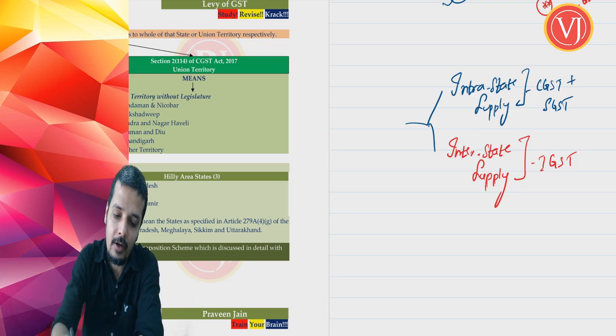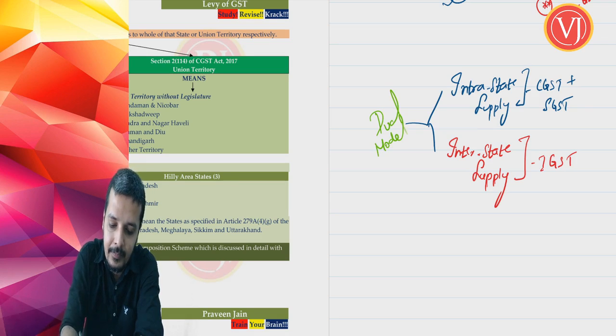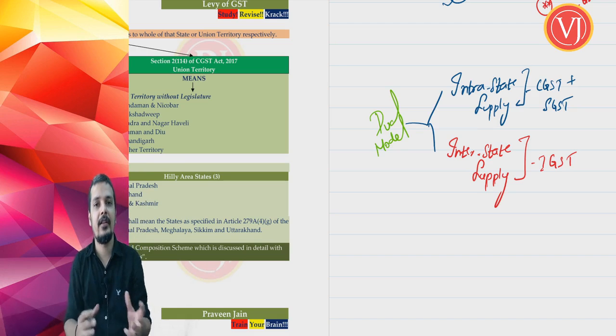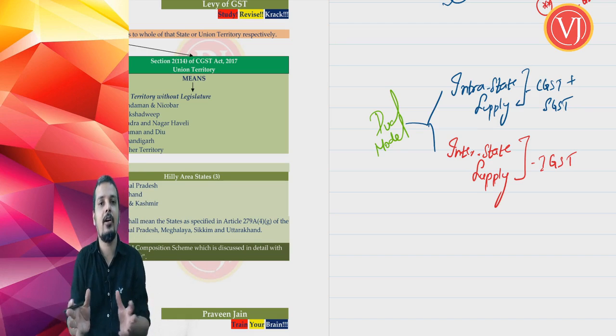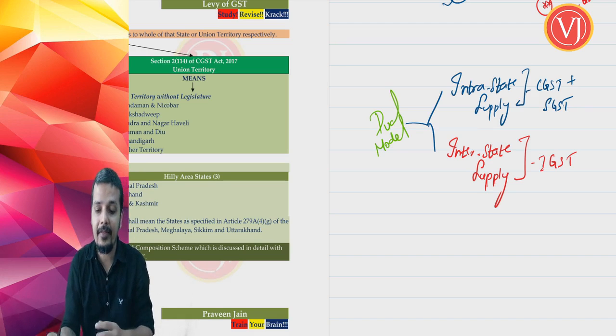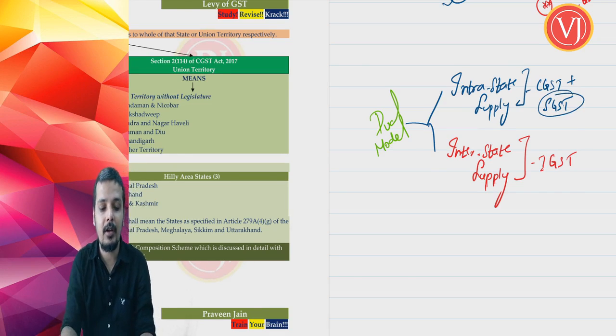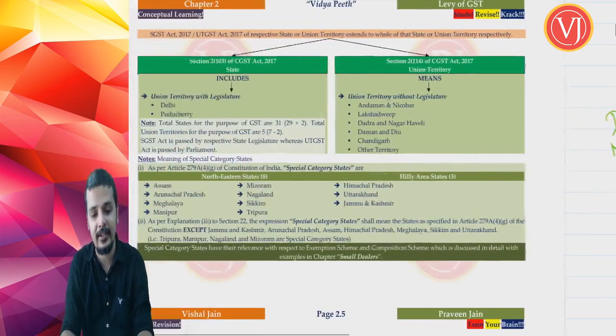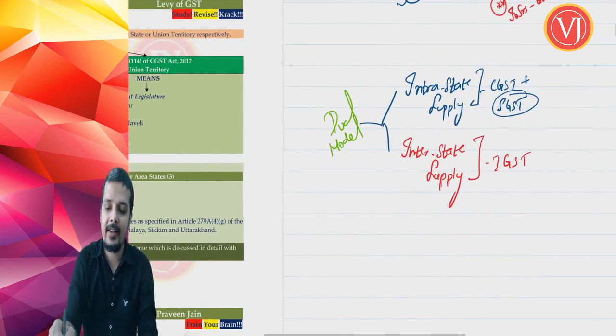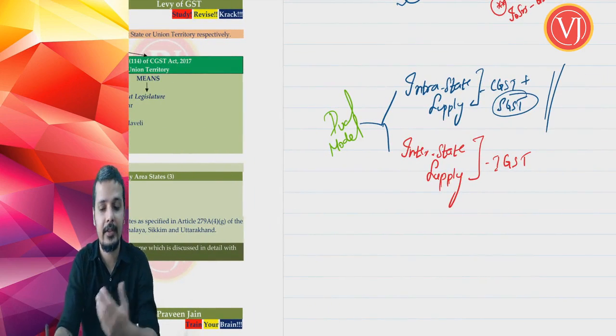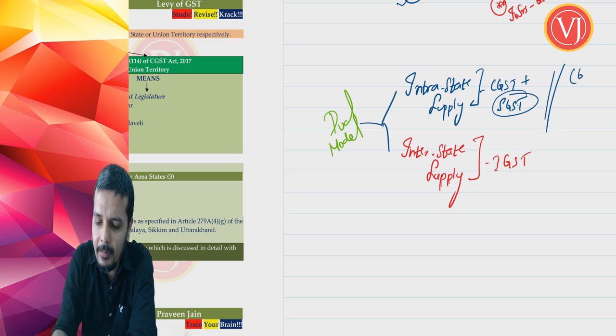Now, whenever you are talking about this dual model, what is the significance of the dual model? You have to understand whether the supply is within the state, intra-state, or outside the state. So there's a possibility where you talk about SGST, and the moment you talk about SGST, you should know which state or union territory. If it is within a union territory, it will be CGST plus UTGST.